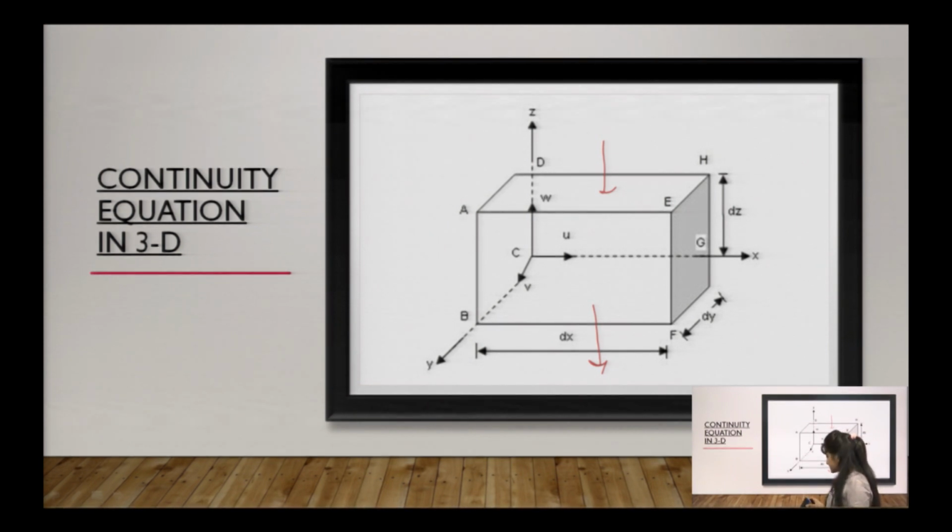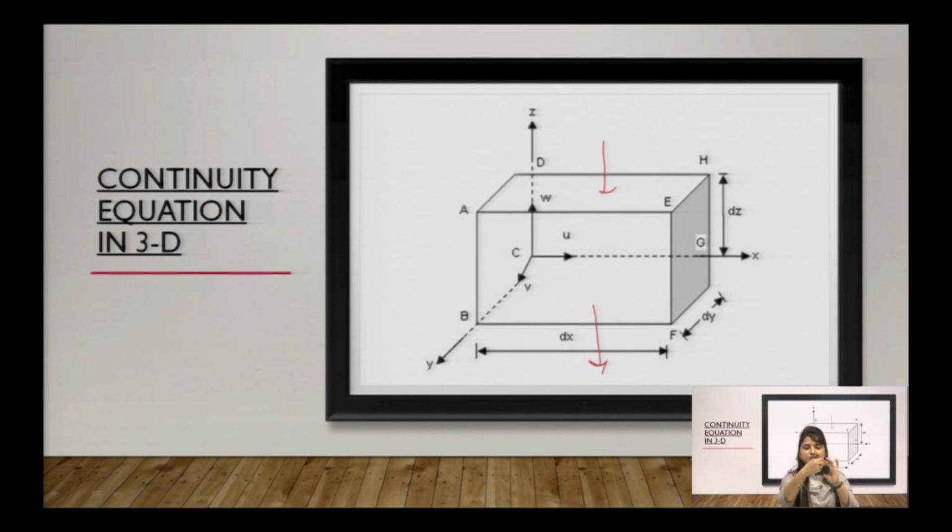Or simply, you can see this is a 3D fluid element we are taking, with 3 dimensions we can measure. The mass entering through this face should be equivalent to the mass leaving through the opposite face.